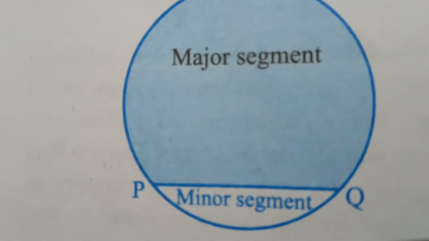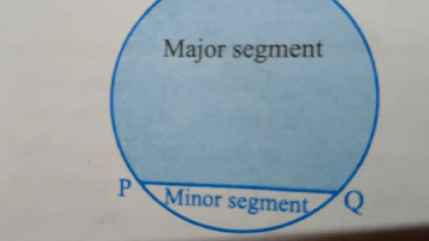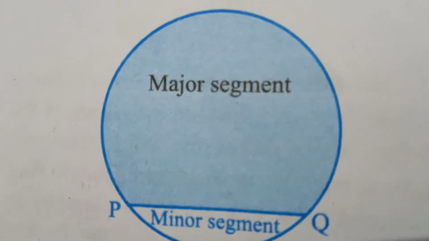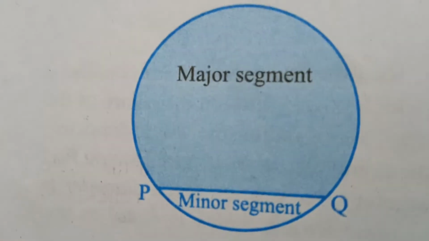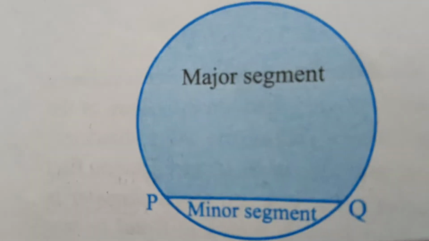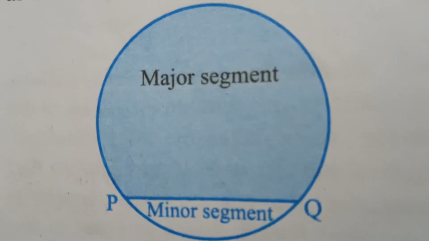Now we are talking about segment. The region between a chord and either of its arcs is called a segment of a circle. A circle has two segments: the minor segment and the major segment.